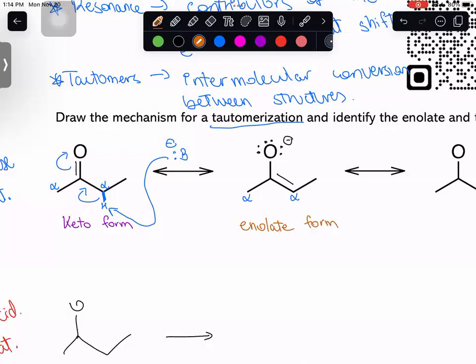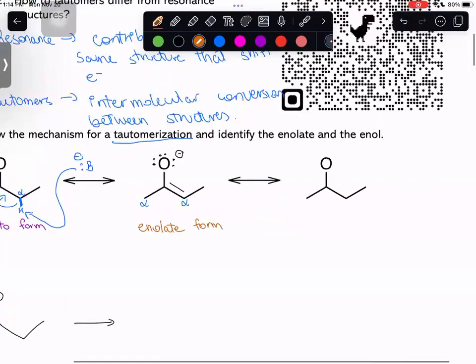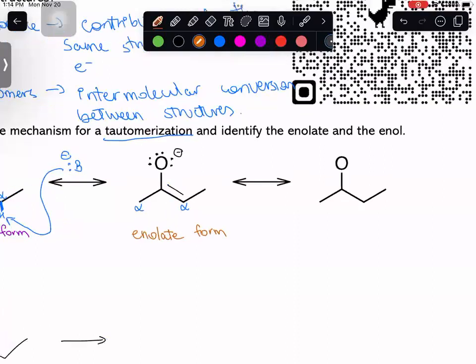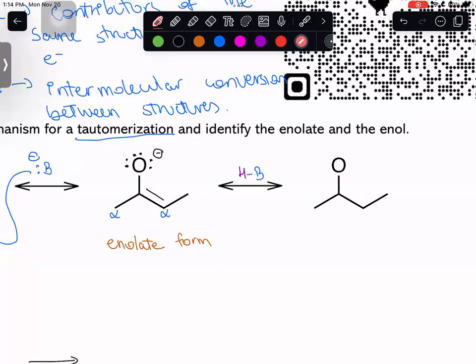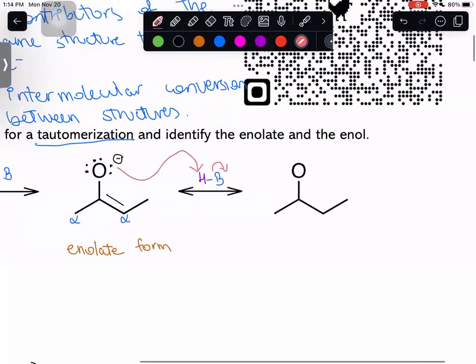Your enolate is always going to have some sort of negative charge, especially in the oxygen. Now, the other one is going to come with the conjugate acid of the base. So once we use the base, we know that that base took away that hydrogen. So we're creating, let's just write HB in this case. That's my acid. So that oxygen minus from the enolate is going to take that hydrogen. And of course, we break the bond between hydrogen and base.